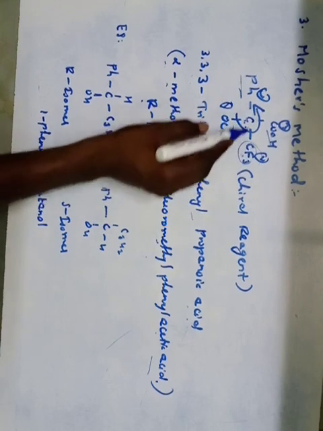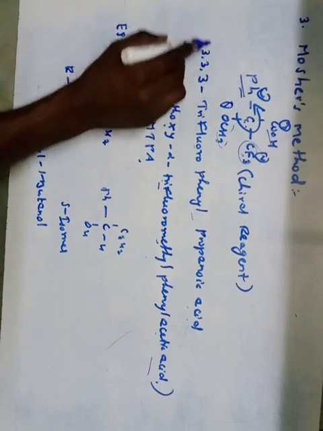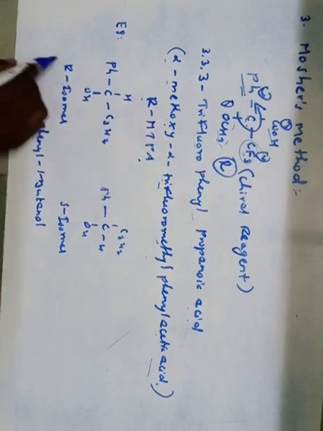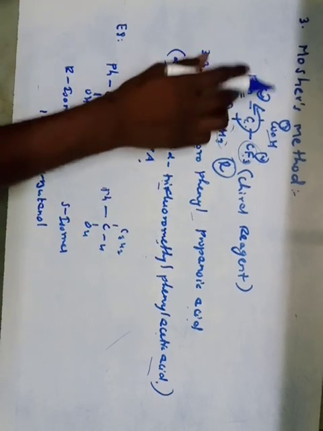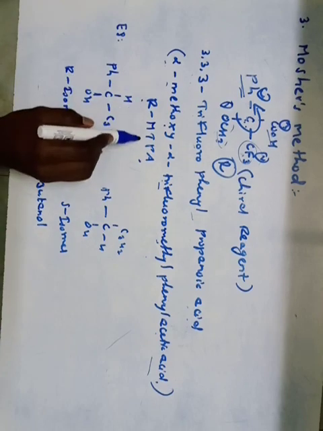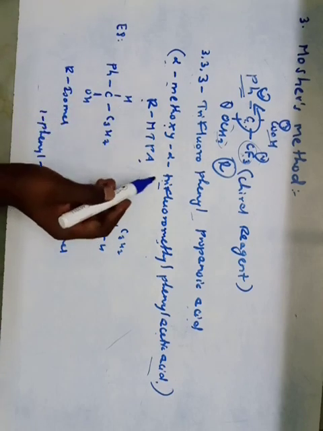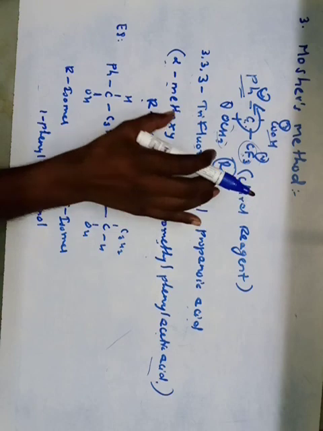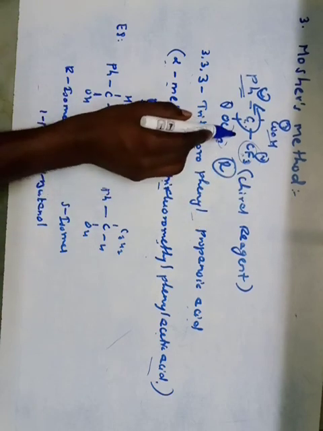It means anti-clockwise direction, and the fourth priority group is in horizontal, so it will be an R configuration. In Mosher's method there are two types: RMTPA and SMTPA, but we are using only RMTPA. This is the R configuration.